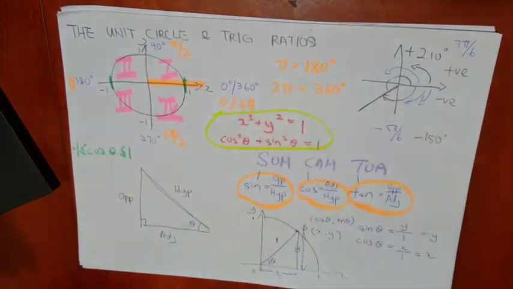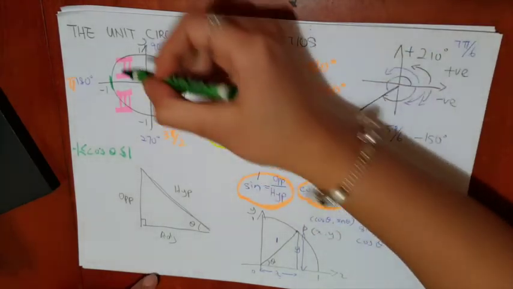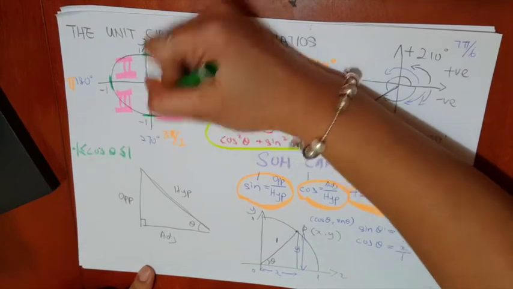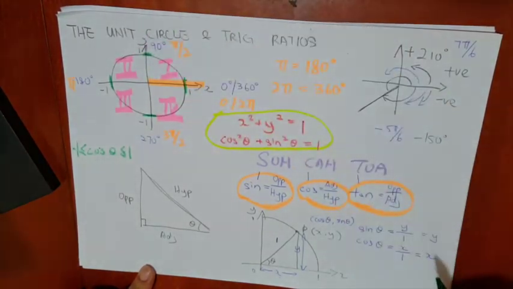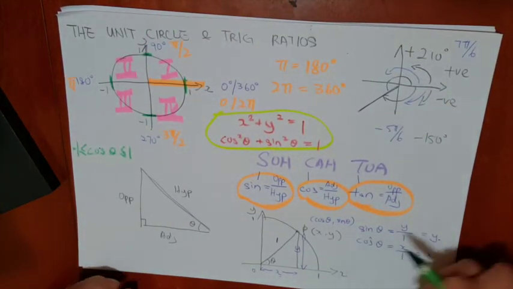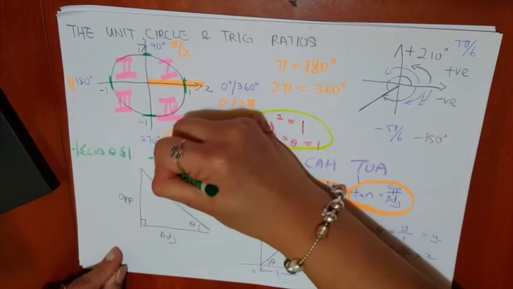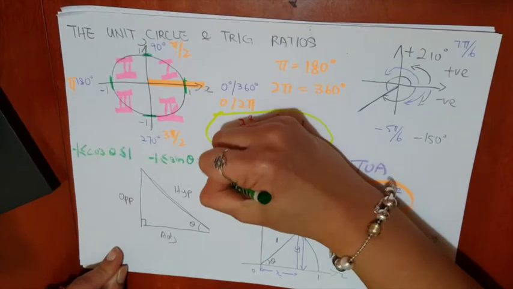And because my y value has a maximum of also 1 and a minimum of -1, we know that y is related to sine, and therefore my sine also has a range of -1 to 1.